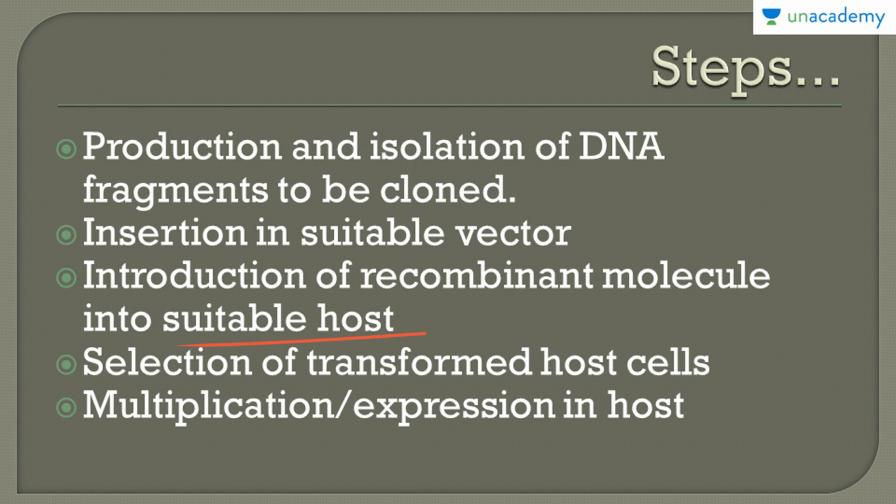These transformed cells can be selected on the basis of the selectable marker which is present within the vector molecule. The vector molecule, along with the ARS site, also has some selectable markers.